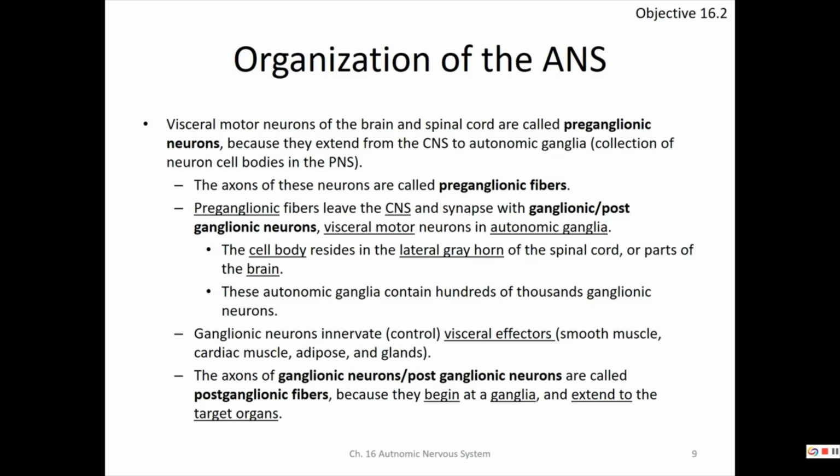Now, why does this matter? Just like in nervous system topics, you could have diseases called upper motor neuron lesion or lower motor neuron lesion, and that could cause problems with people's movement. For example, in AMP1 we talked a little bit about Brown-Sequard syndrome. Here we could get damage to ganglionic neurons, pre and post, and you get what is called an autonomic neuropathy.